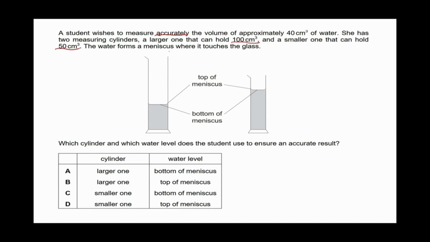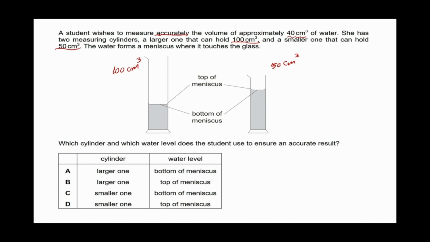The water forms a meniscus where it touches the glass. You have here two cylinders, a bigger one and a smaller one. We want to measure 40 cubic centimeter. This one can hold up to 50. This one can hold 100 cubic centimeter.